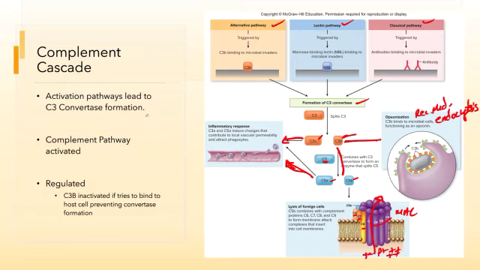Now, the activation pathway leads to C3 convertase formation, activation of this entire pathway here. It is highly regulated. C3b will become inactivated if it tries to bind to a host cell, because it can't form a convertase action. So notice C3b here, if it tries to bind to one of your own cells, it will be inactivated and can't function.